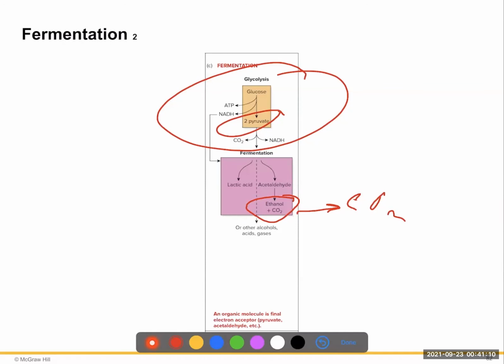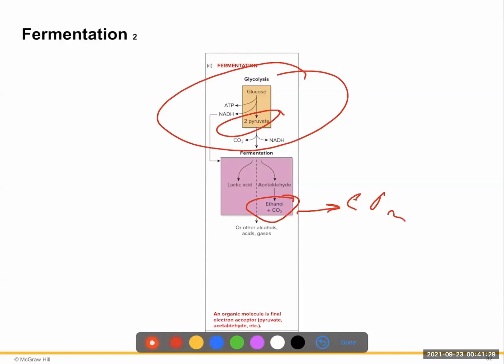But in fermentation, an organic molecule is the final electron acceptor, like pyruvate or acetaldehyde. Big difference. So the differences for your nursing exam: in aerobic respiration, oxygen is the final acceptor of electrons. Okay?